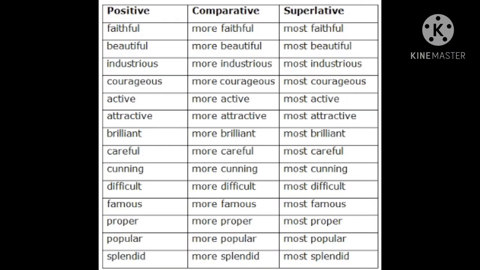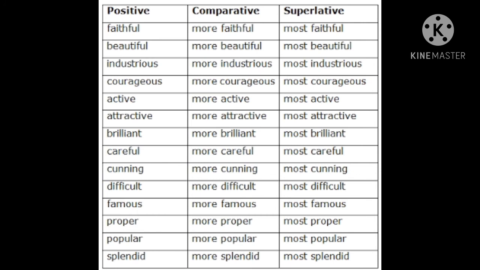So if you see these words, the degrees of comparison of some of the adjectives: faithful, we can use more faithful and most faithful. We cannot use er and est. Beautiful, more beautiful, most beautiful. Industrious, more industrious and most industrious. Courageous, more courageous and most courageous. Active, more active, most active. Attractive, more attractive, most attractive.